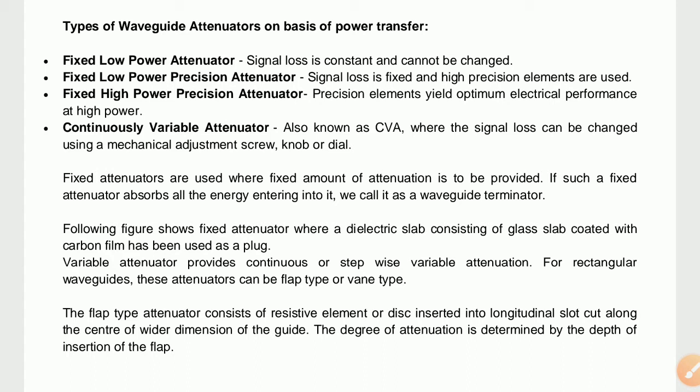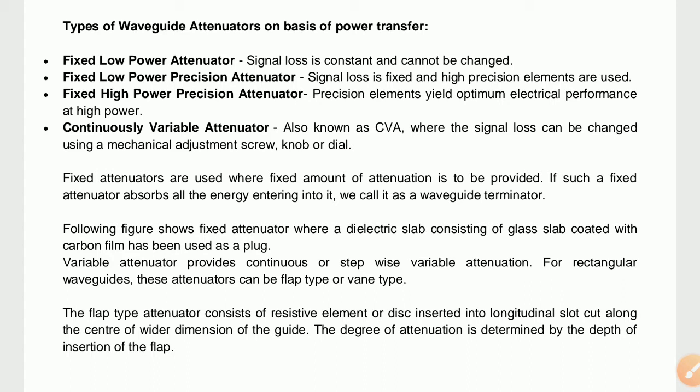So the fixed low power attenuator provides a fixed amount of attenuation, its value in decibels is constant, and it operates at low power.